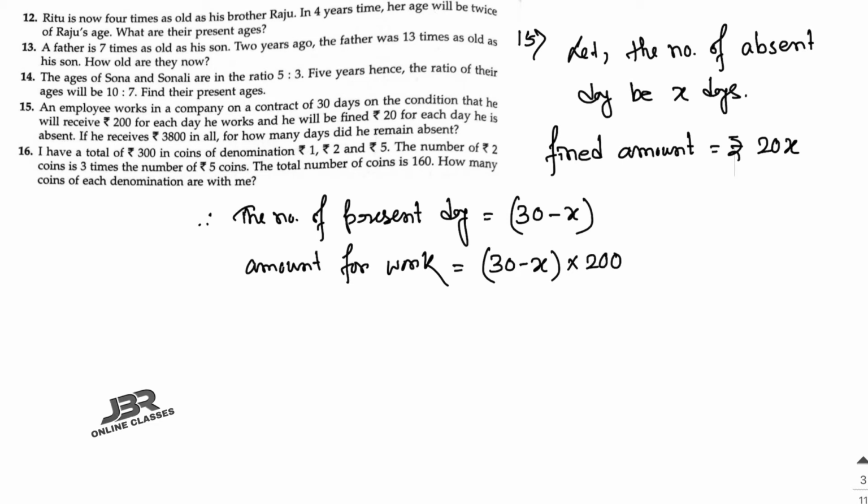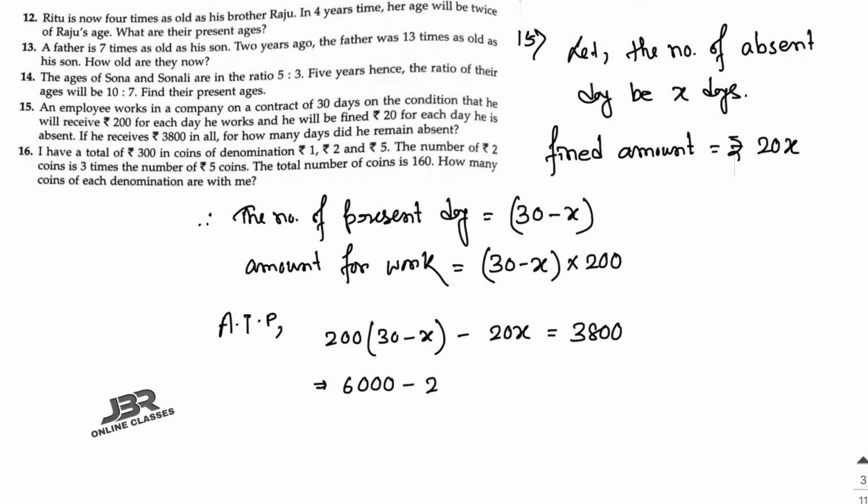Okay. So now according to the problem, you can write 200 into 30 minus x, minus 20x, equal to 3800. So here, 6000 minus 200x minus 20x equals 3800. Clear?